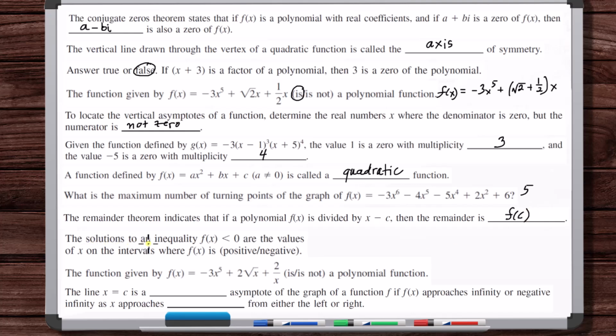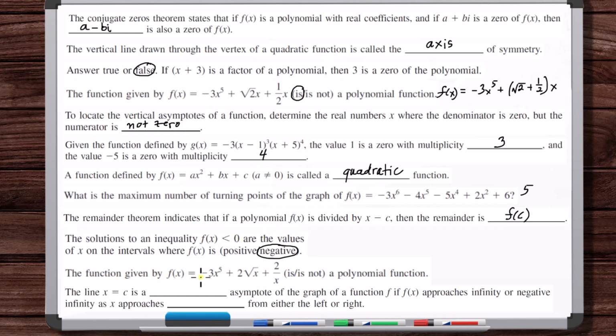The solutions to an inequality, f of x is less than 0, are the values of x on the intervals where f of x is what? Where it's negative, right? That's the whole idea with these inequalities. You set one side 0 and the other side the function, and so now it's a problem of finding the intervals where the function is positive or negative, which means greater than or less than 0.